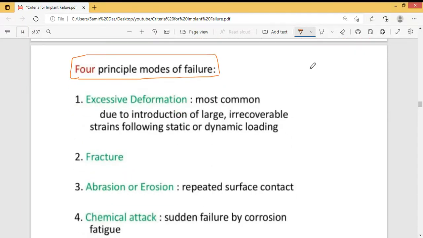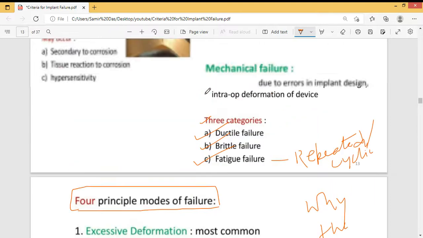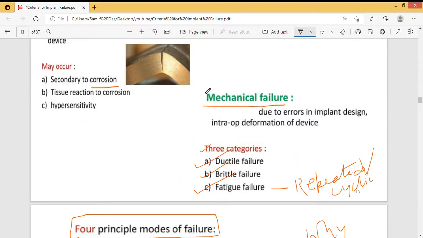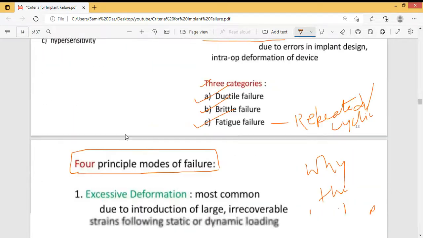Modes of failure means why the failure occurs, and for which type of failure, those three: functional, material, or mechanical.